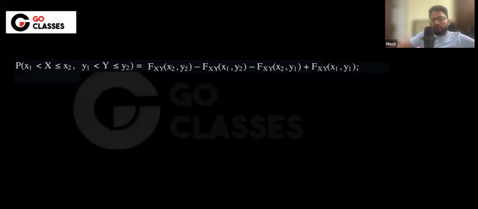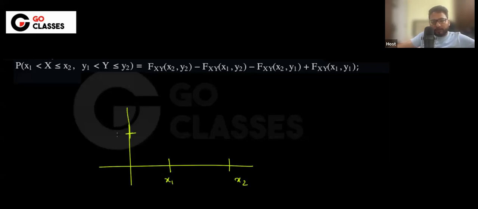What you can do is try understanding this kind of equation, and then it will be easy. Let's see how to find this probability using the CDF. Suppose x ranges from x1 to x2, and y ranges from y1 to y2. Now this is the region we are interested in.